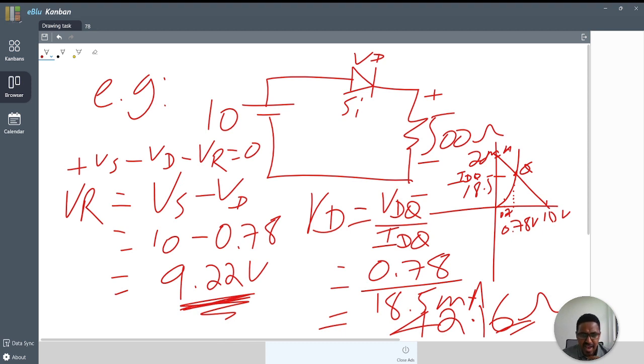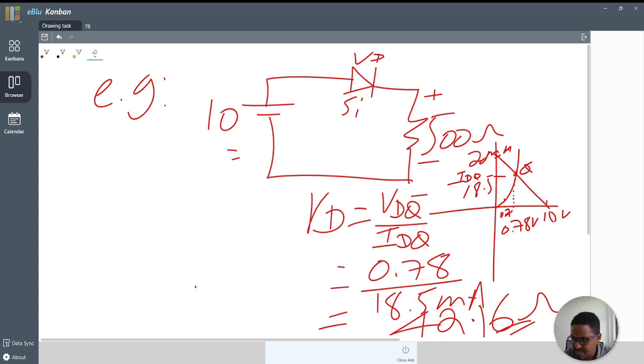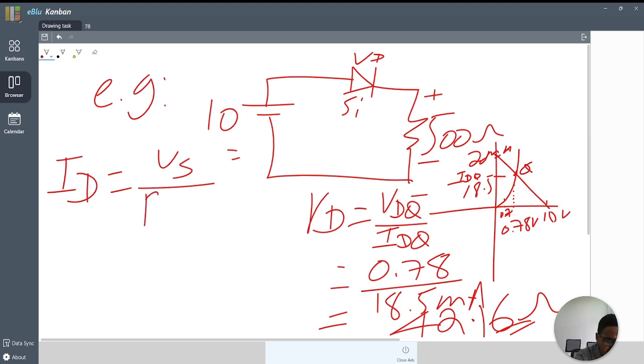Then we can get ID and VR from the equivalent circuit. ID is equal to V source over RD plus R, where RD means the resistance of the diode.